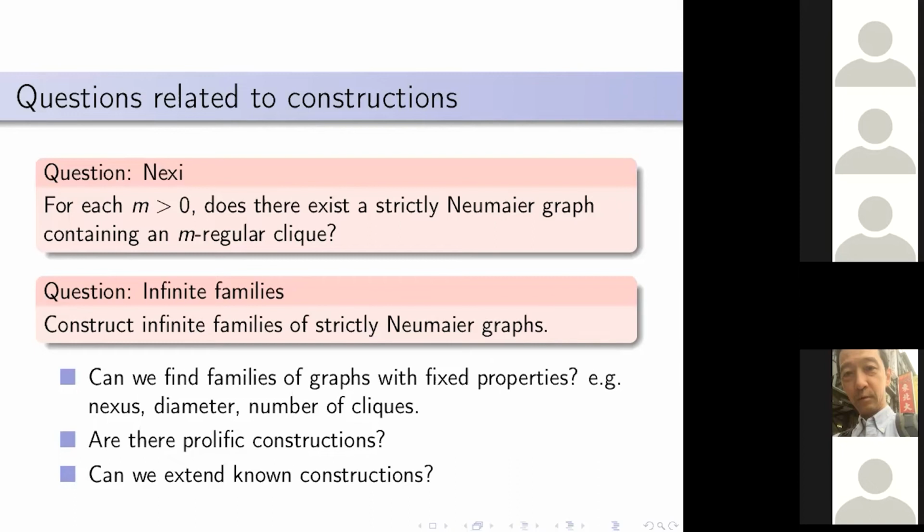We could also ask if we can find any prolific constructions, and I think Martin's construction earlier gives quite a large infinite family of graphs, but can we get any more? Can we get exponentially many, or I don't know.